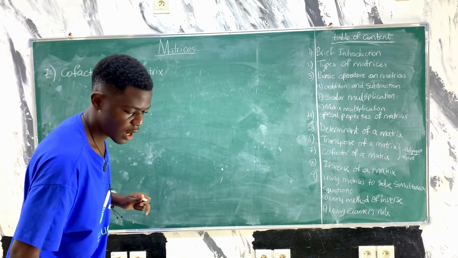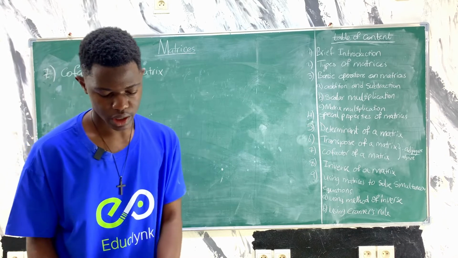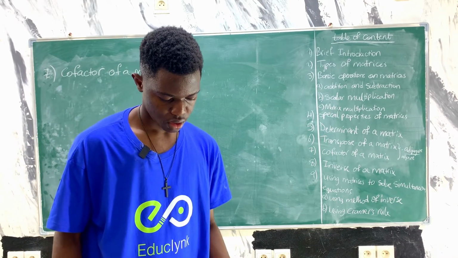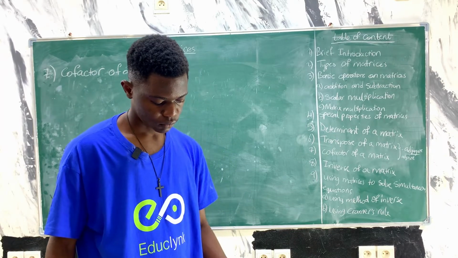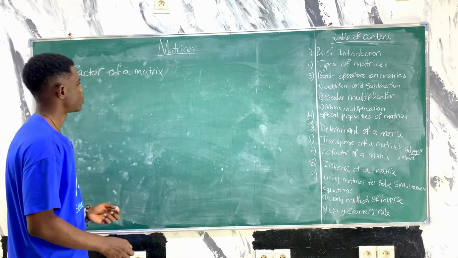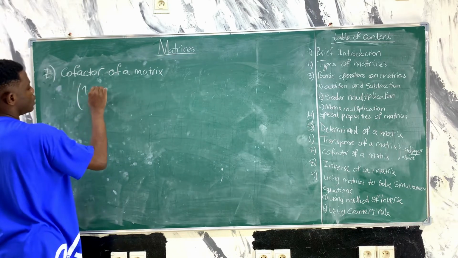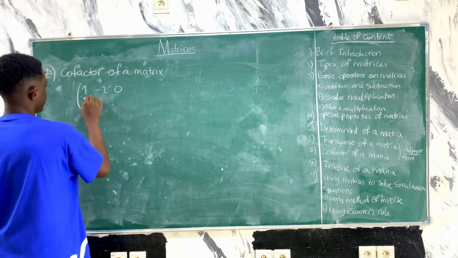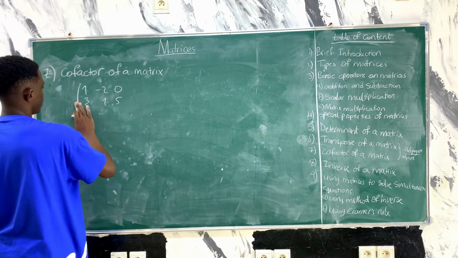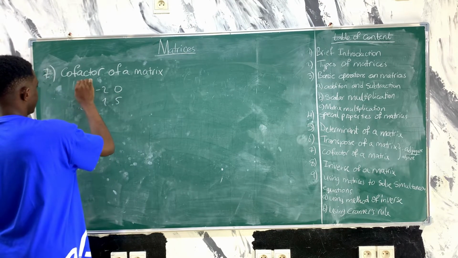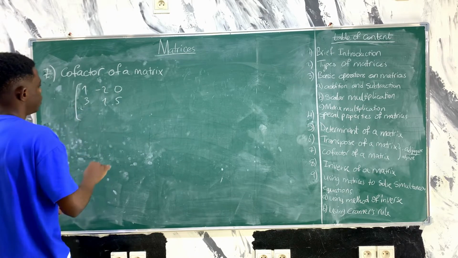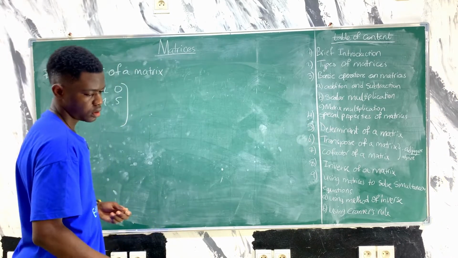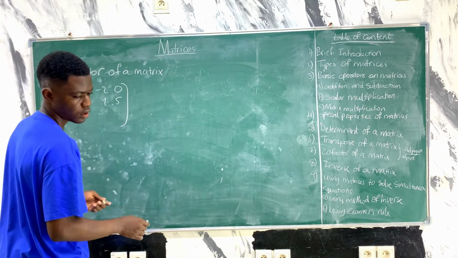So let's have a matrix like 1, minus 2, 0, 0, 5, 3, 1, 2, 3.